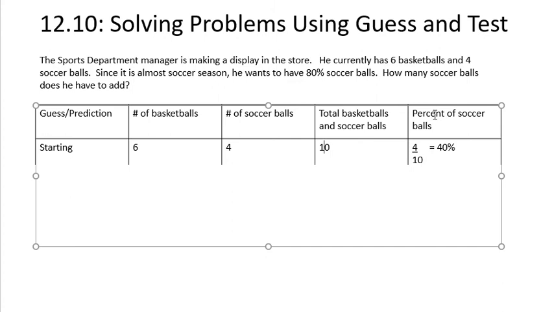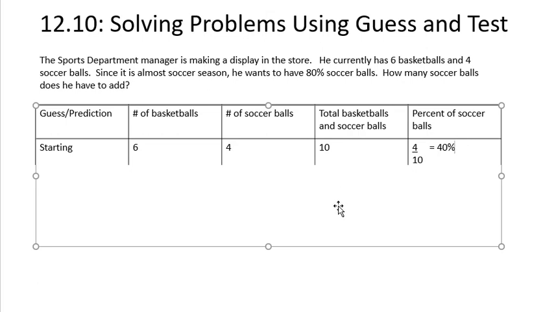Because I'm interested in the percentage of soccer balls, I'm including soccer balls here as a percentage. Because I have 4 soccer balls out of a total of 10 basketballs and soccer balls, that's where my 4 and 10 come from, I can write that as 40%. So I'm starting off with 40% of the sports equipment being soccer balls.